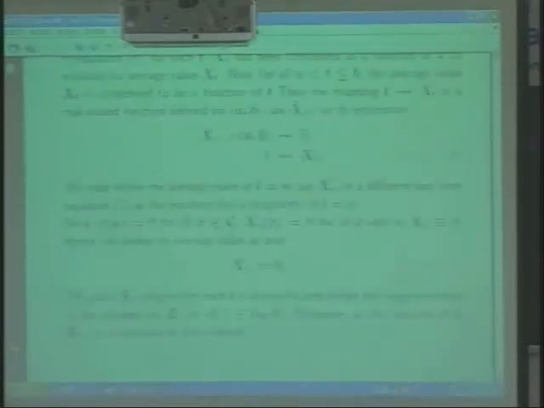Now, the average is constructed from the point A greater than A and less than or equal to B, but we need to assign the value at the point A. But we can't use equation 7 for the point A because A is a singularity, because the denominator of that equation is 0.